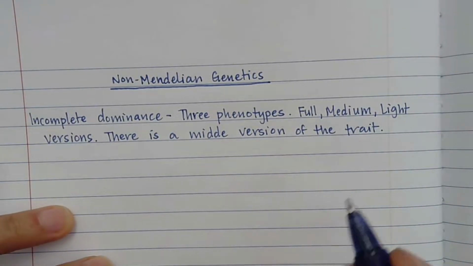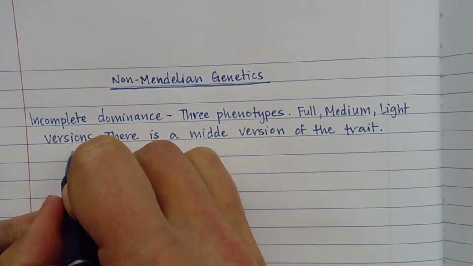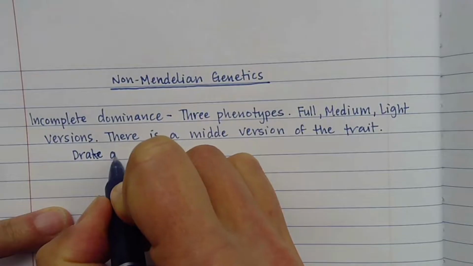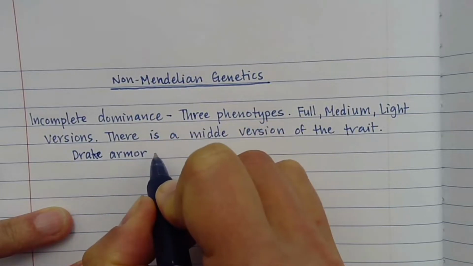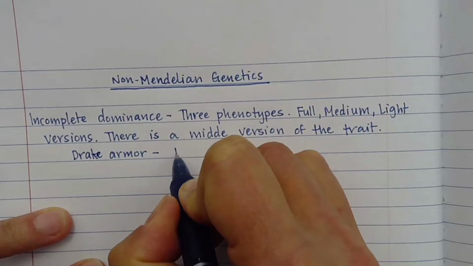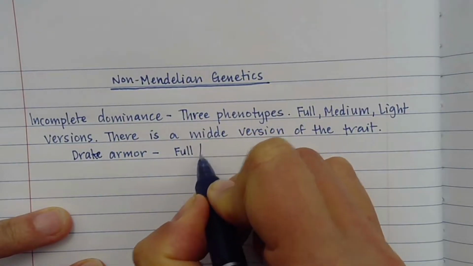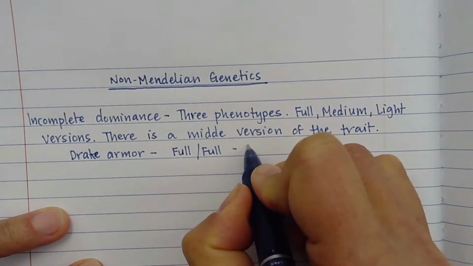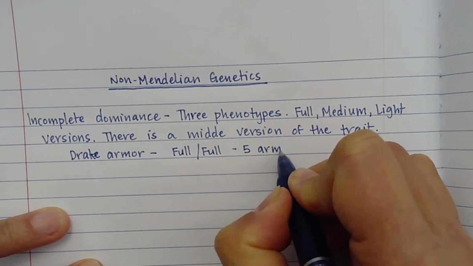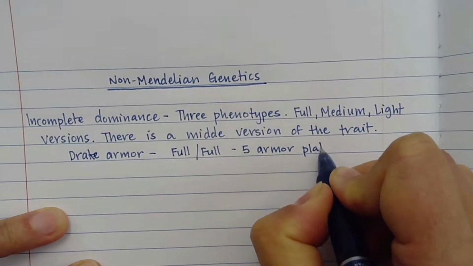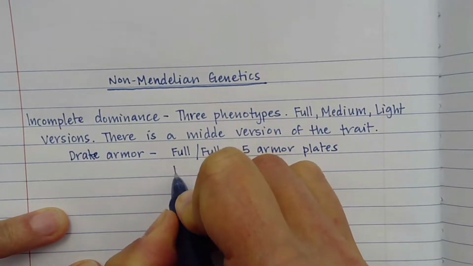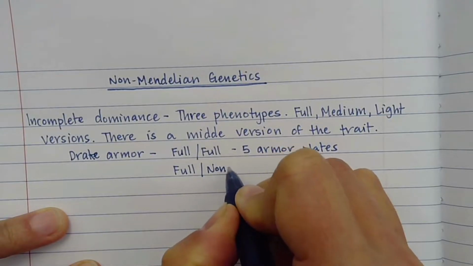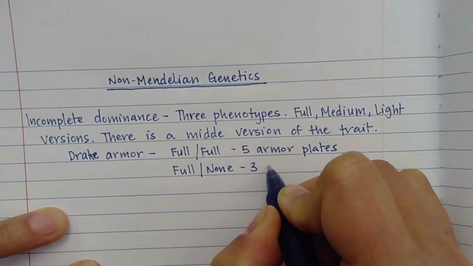So we saw this in the game, when we were looking at Drake armor. We saw that if you had full as your alleles, then you would have 5 armor plates. But if you had full none, then you would only have 3 armor plates.